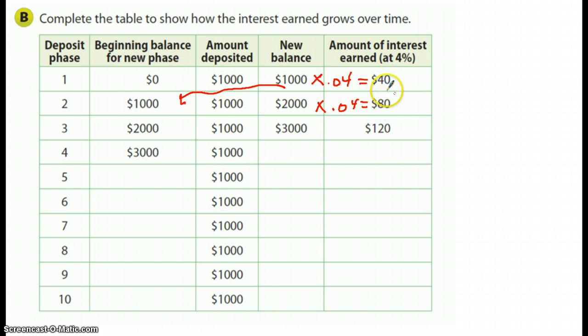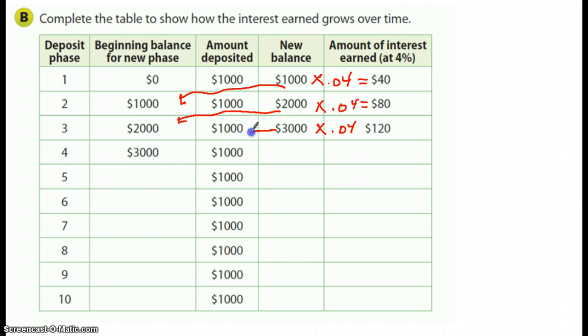Now he's not going to put this back in. So again, he comes here and he has 2,000, and he deposits another 1,000, and he winds up with 3,000, and then the bank is going to multiply that times 0.04, and so on and so on.